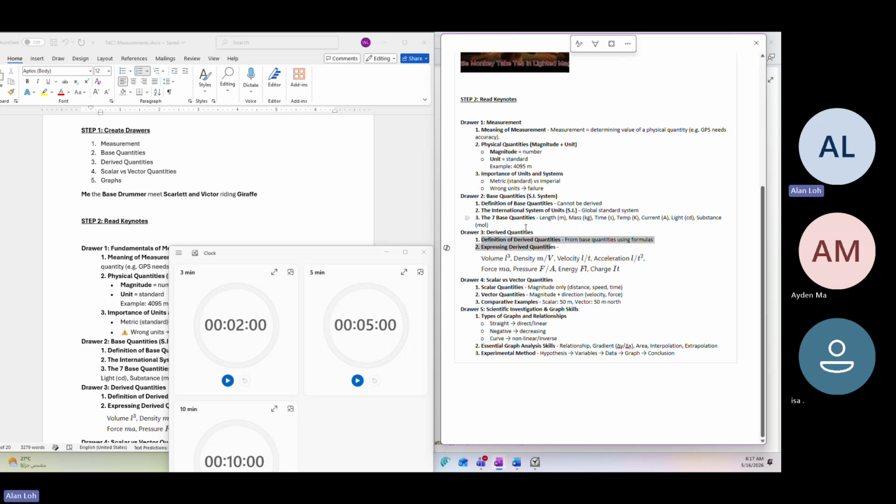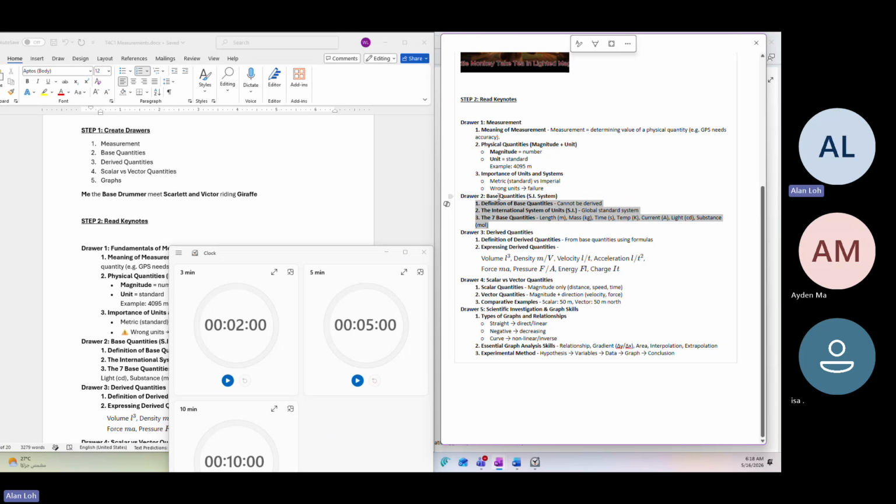So you just need to have a feeling of what the key concepts are that you will be learning over the next 1 to 2 hours. You know that it is going to be a lot about quantities and units. They even have names for the quantities, like scalar versus vector.